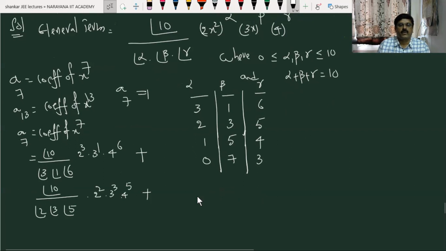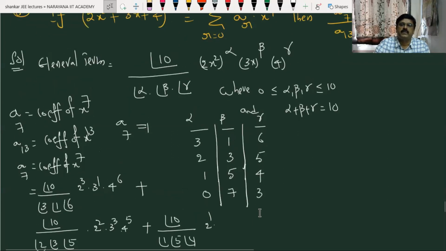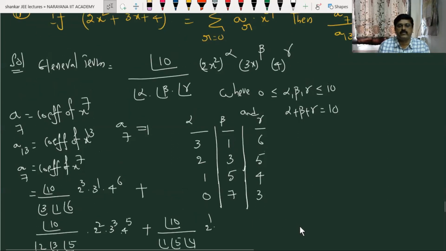Third row. 10 factorial upon 1 factorial into 5 factorial into 4 factorial. Alpha 1 means 2 power 1 into beta 5 means, what is there, students? It is 3 power 5. Am I not right? 3 power 5. Next, gamma 4 means 4 power 4. So what is coming? 2 power 1 into 3 power 5 into 4 power 4.